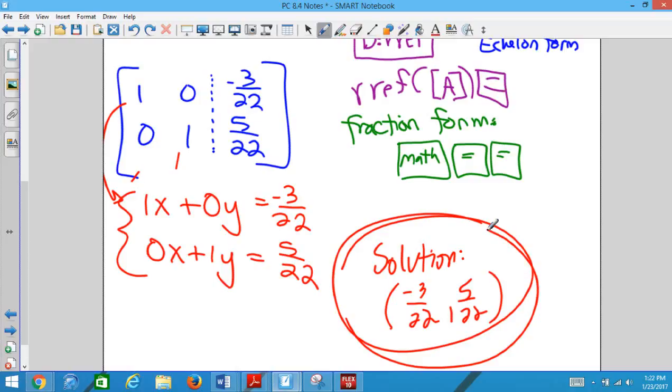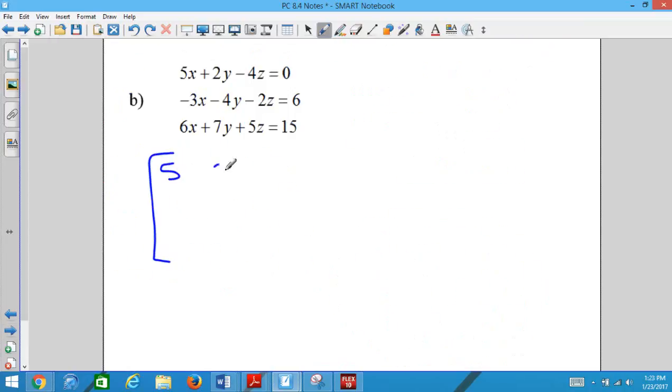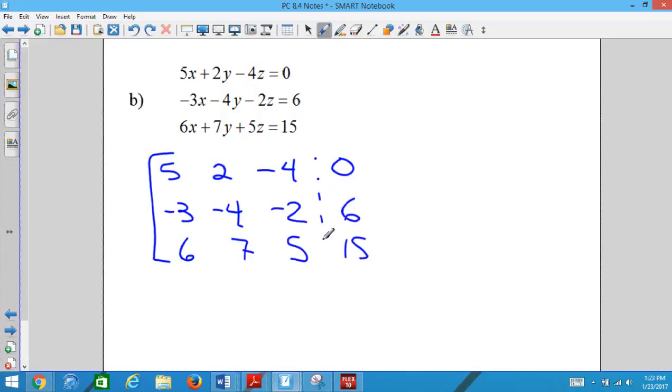Question B. So question B, you need to first write as an augmented matrix. And what dimensions does that augmented matrix have? It's a 3 by 4.